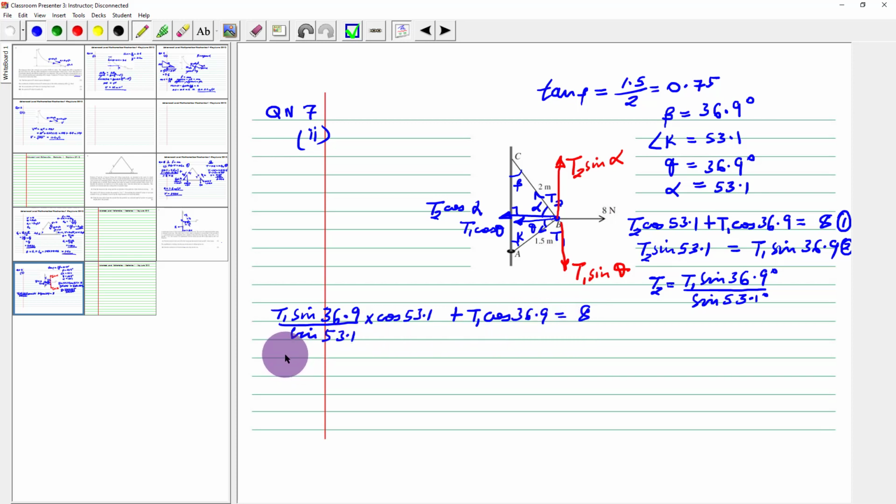So let's go on. I'm going to factor out T1 so that I can see what I can get from there.